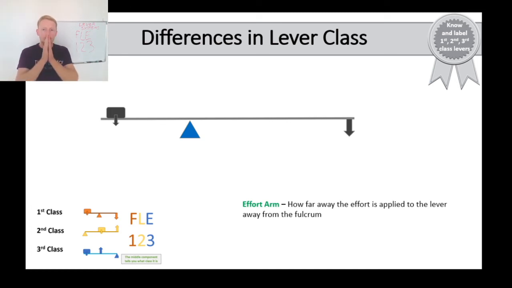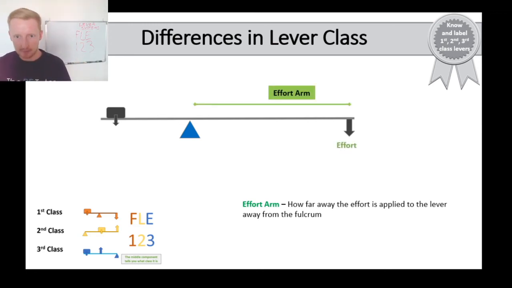Now, how are they different? I know that if we move things around, and I said there's benefits and drawbacks. Well, the key thing that you'll need to know for your exam is all to do with this mechanical advantage. What is it? How do we calculate it? Why does it matter? Well, it's down to these two things: the effort arm and the resistance arm.